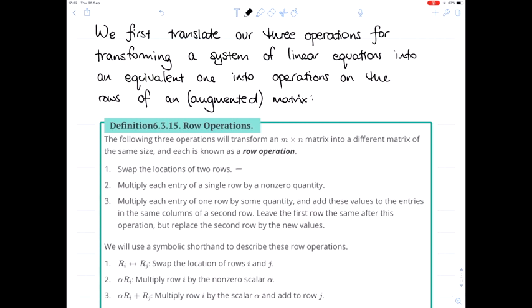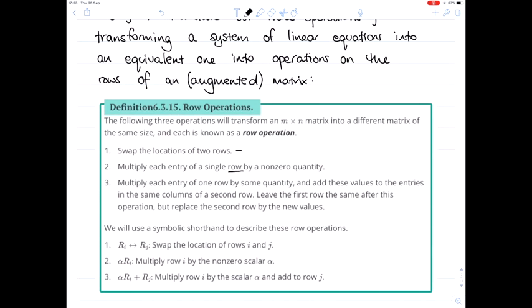And instead of multiplying each entry in a single equation, we can multiply each entry in a single row by a non-zero quantity. And finally, our third operation becomes multiply each entry of one row by some quantity and add these values to the entries of the same columns of the second row. Leave the first row the same, but replace the second with the new values.